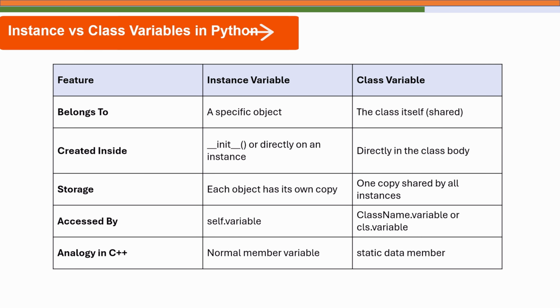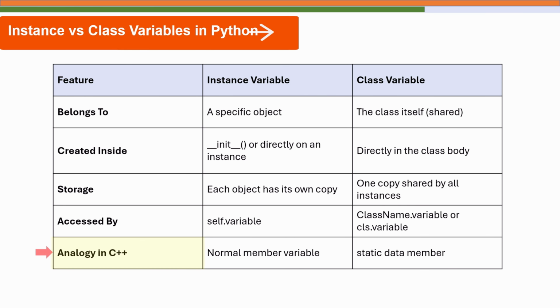With respect to storage, for an instance variable each object has its own copy, whereas for a class variable one copy is shared by all the instances. An instance variable is accessed with self.variable, and a class variable is accessed using the convention ClassName.variable or cls.variable.